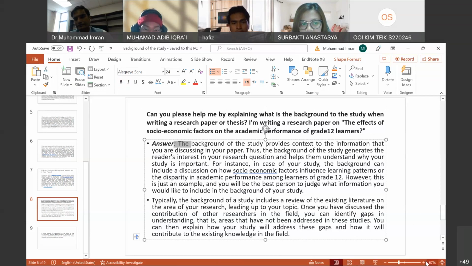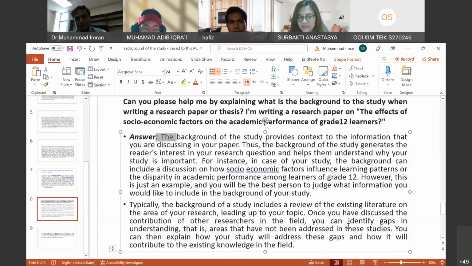The background of the study provides context to the information that you are discussing in your paper. Thus, the background of the study generates the reader's interest in your research questions and helps them understand why your study is important. For instance, in the case of your study, the background can include a discussion on how socioeconomic factors influence learning patterns or the disparity in academic performance among learners of grade 12.